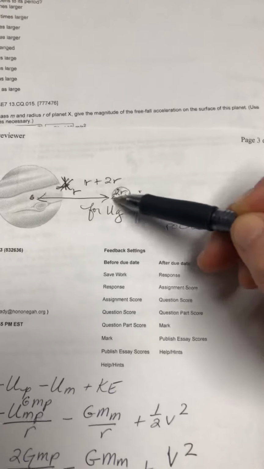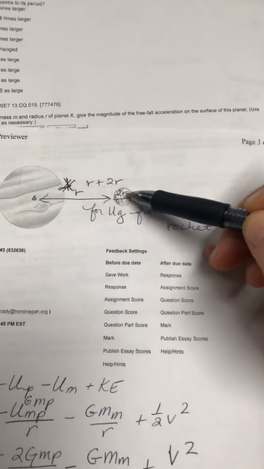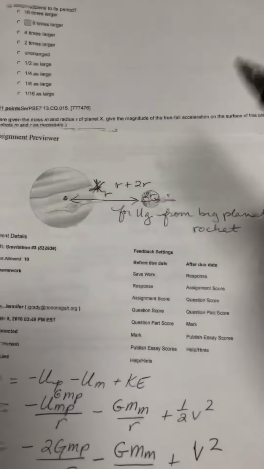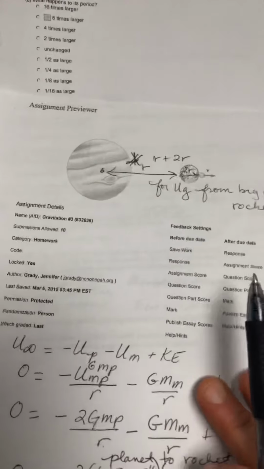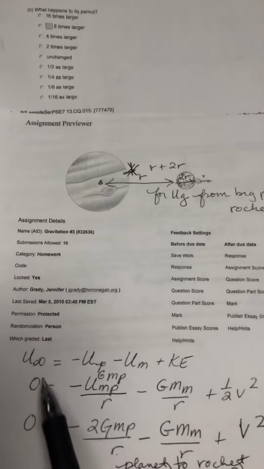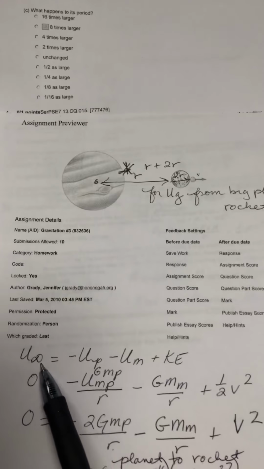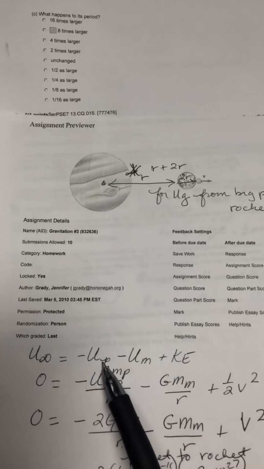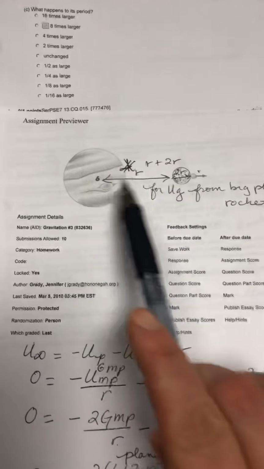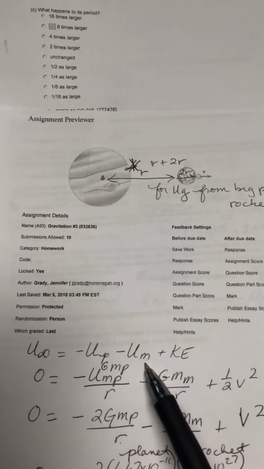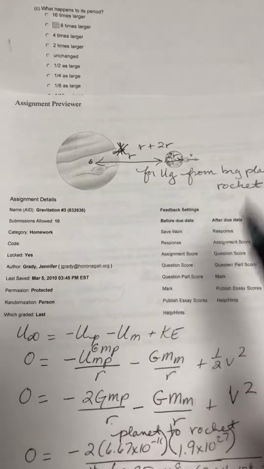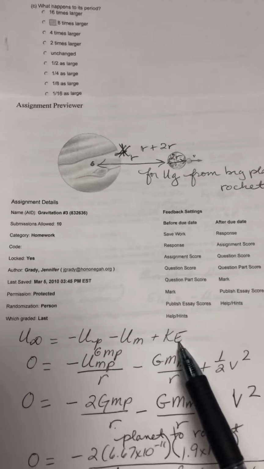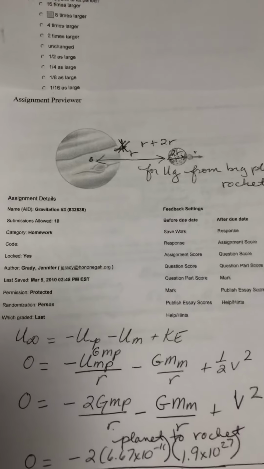So the radius of this moon, you're going to have to use when you figure out your potential energy. If you take a look over here, we're going to infinity because that will go to zero, obviously. But we have potential energy with respect to the larger planet, we have potential energy with respect to the moon, and then you've got the kinetic energy that it's going to need to go anywhere at all.